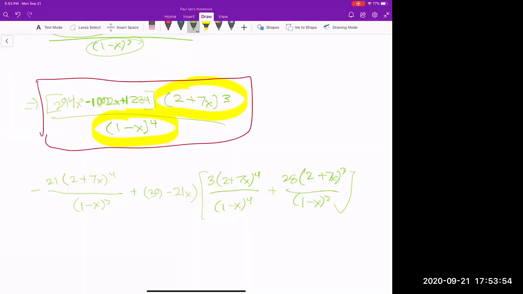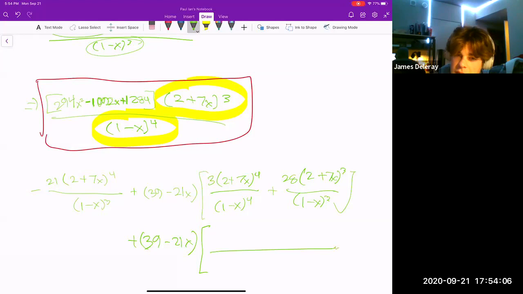For this one, since this part right here, did you get somewhat similar things here? Yeah, mine are just in a completely different order. I have all of the things on the top over 1 minus x to the 6.